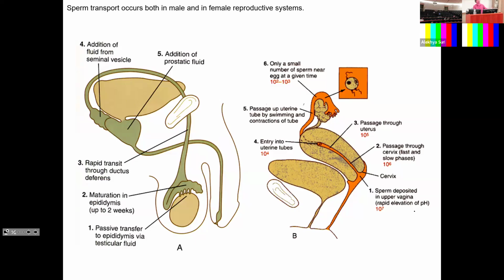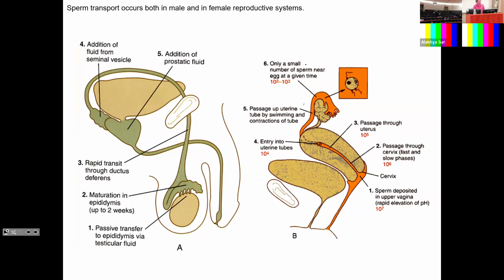Not all the sperm cells survive, so we have one order of magnitude that disappears. And then through the passage of a uterus, some cannot climb up, and there are some contractile movements of the fallopian tubes and uterine tube to help the sperm keep climbing up and try to meet with the oocyte that is waiting at the upper portion of the fallopian tube.